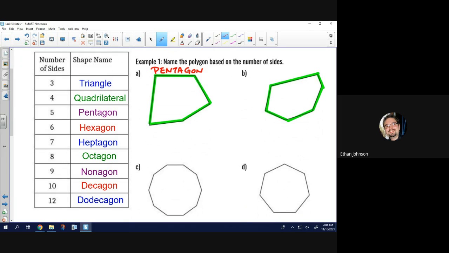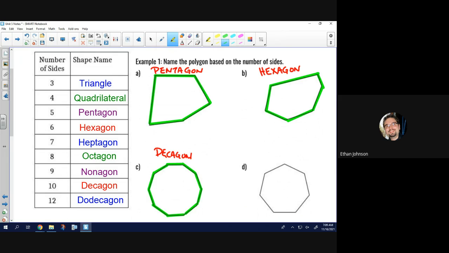A 6-sided shape, so this is a hexagon. C, well, there is 1, 2, 3, 4, 5, 6, 7, 8, 9, 10. So this is a decagon. Like a decade.